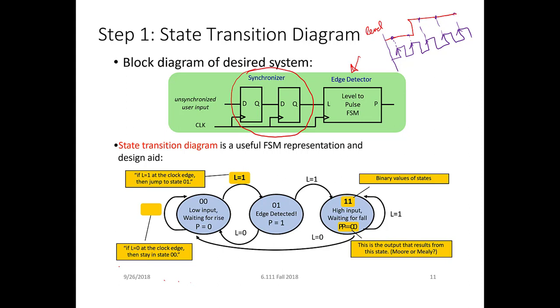One state could be the input is 0 or input is low. So this is just a name. And when the input is low, what should be your output? The output should be perfectly 0. Okay.